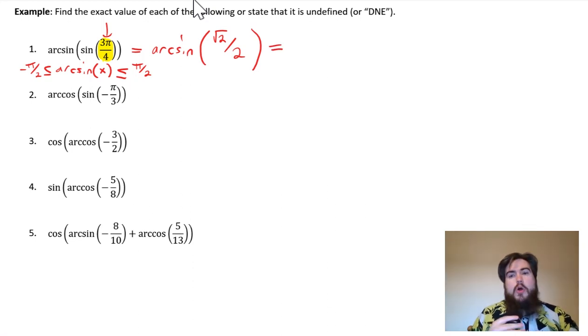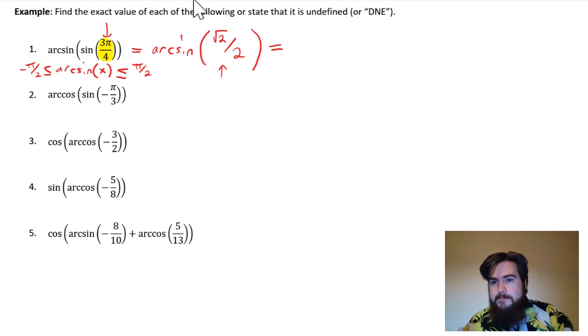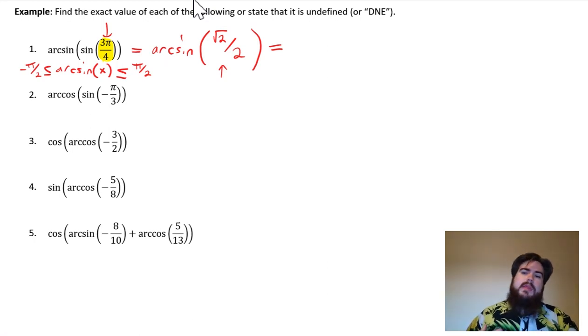Keep in mind that arc sine can only give you something between negative pi halves and pi halves, so something that's basically in quadrant 1 or 4 of the unit circle. Because this ratio is positive, I know I should be getting something in quadrant 1, where sine is positive. And the value in quadrant 1, where sine equals square root of 2 over 2, is at pi over 4. So the answer for this first one is pi over 4.